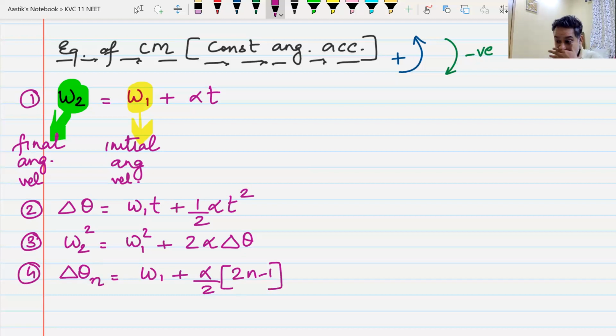These are the equations of circular motion, and I hope they remind you of something that we have already done. So everything that we have done today is nothing new, but just a recap of what we have already done.